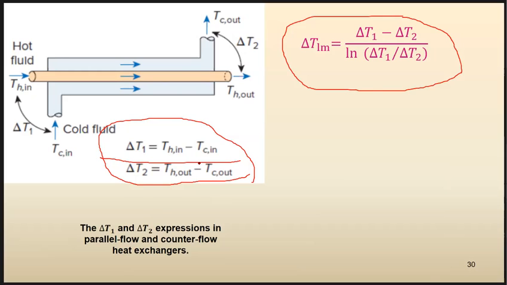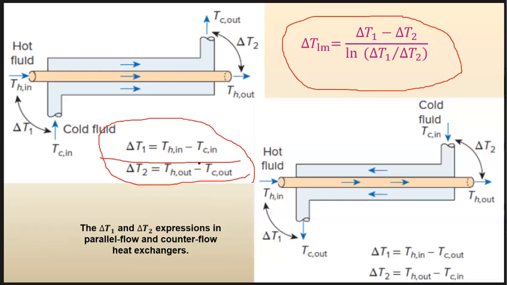What if we have counterflow? If we have counterflow, again, guys, these equations are derived from the energy balance equation. It's not very complicated to derive this equation, but I didn't want to just put the derivation in here. It's very simple because we need to be able to just apply these equations that are already derived.